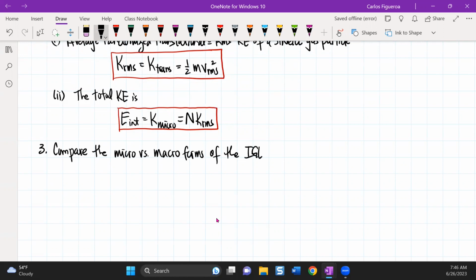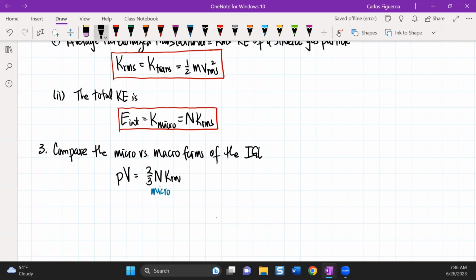So here's what we see here. We see here that the micro is what? It's 2/3 NKRMS. This right here is the micro, which we just derived.